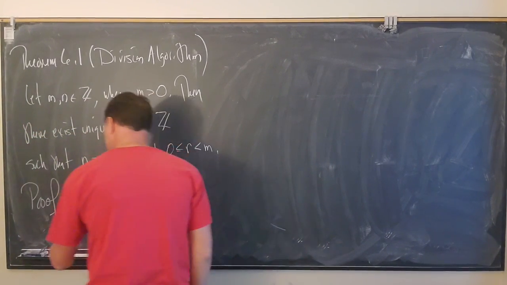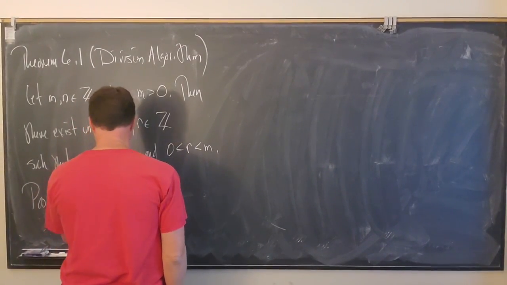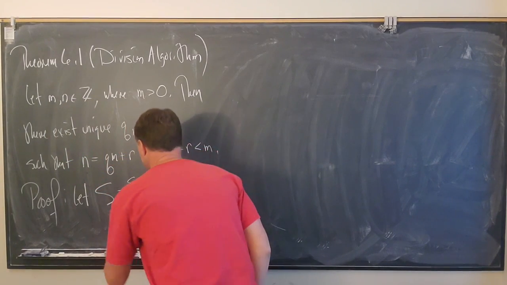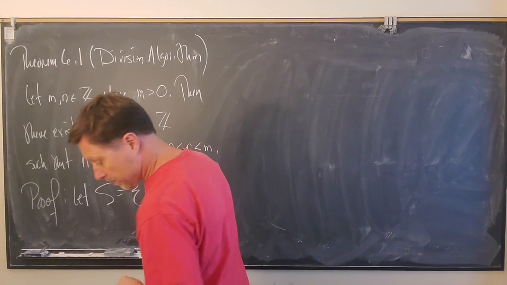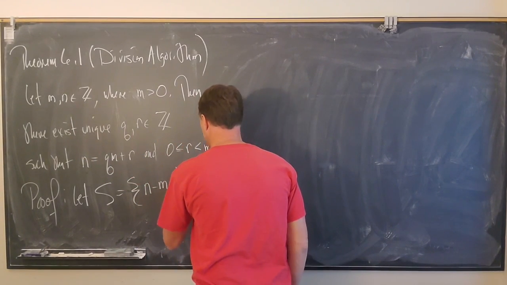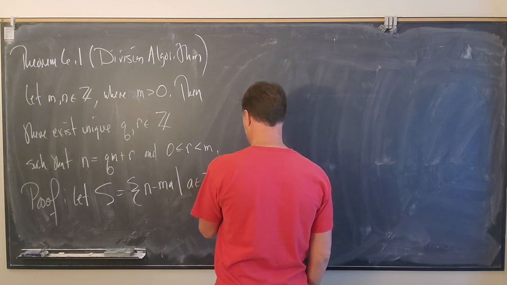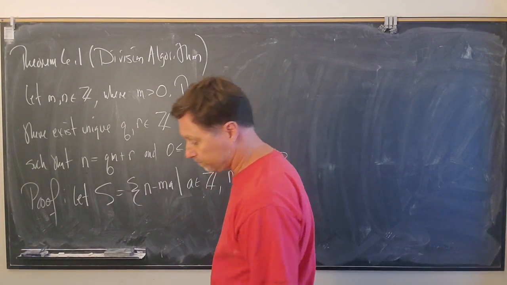So I want to form a certain set, and I'm going to call this capital S. So S is going to be the set of all integers of the following form: n minus ma, where a runs through all integers that make n minus ma greater than or equal to 0.